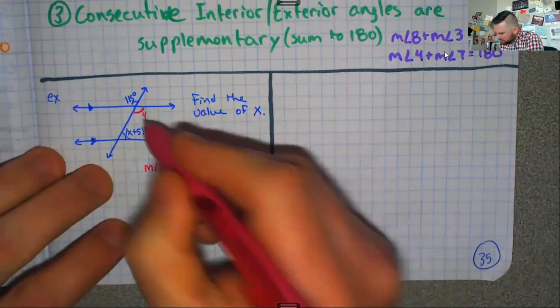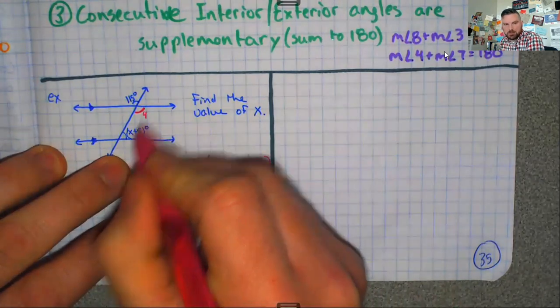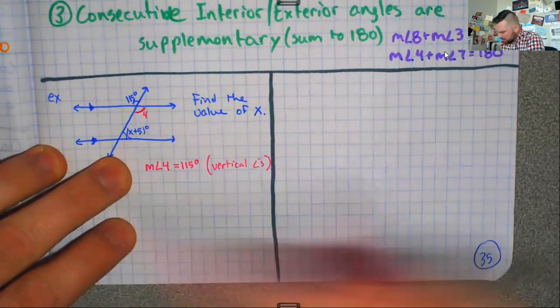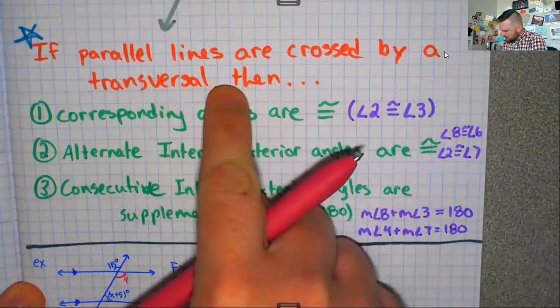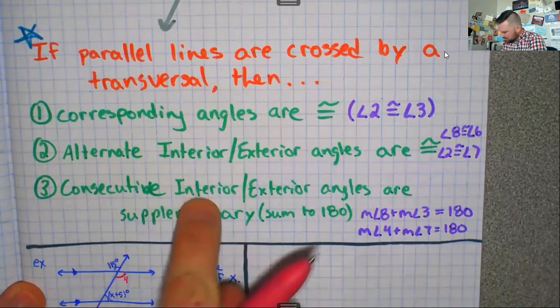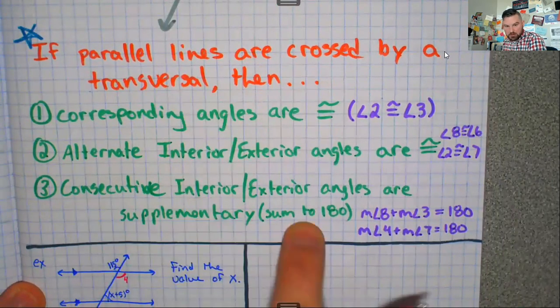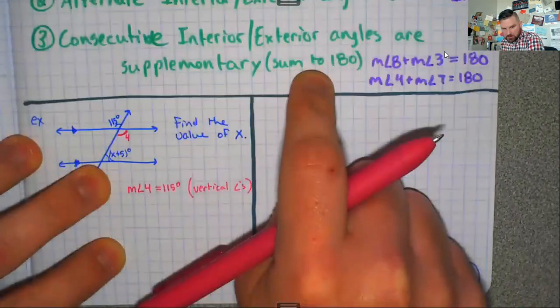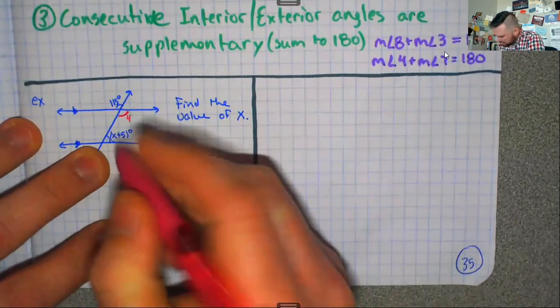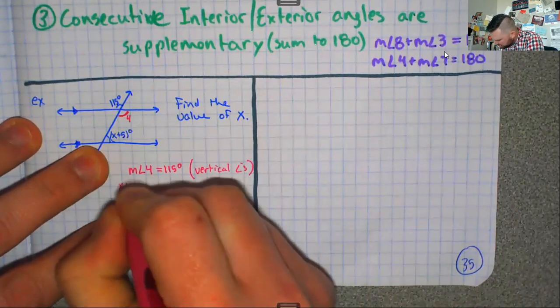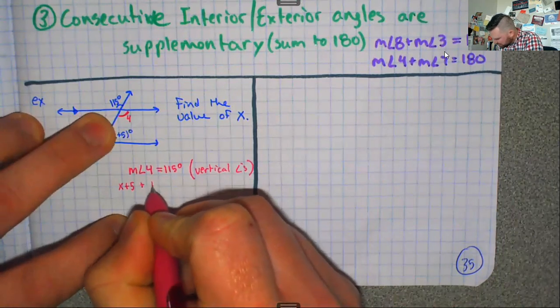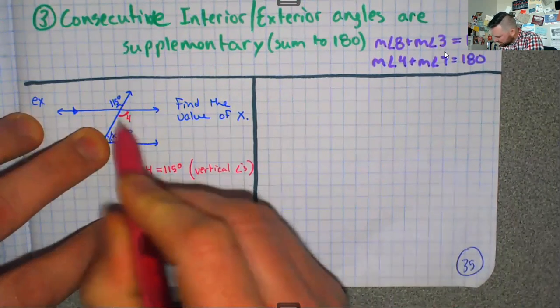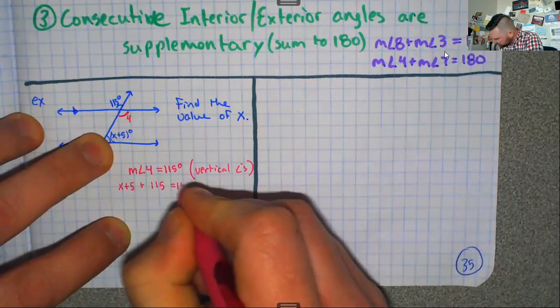Now I know these are 2 interior angles on the same side. So if I have parallel lines crossed by a transversal, and I have consecutive interior angles, they will sum to 180. So if I take x plus 5 and add that angle to 115, which was angle 4, I will get 180 degrees.